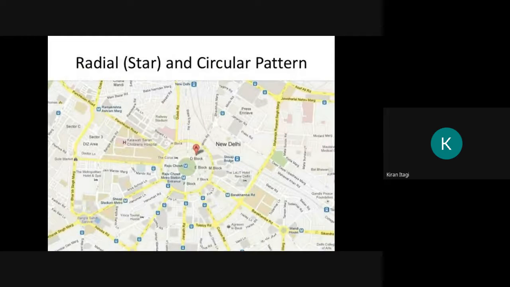Here you can see the radial or circular pattern. This is the central business hub. For example, this is your Swargate bus stand, the area from where the roads run in radial directions.